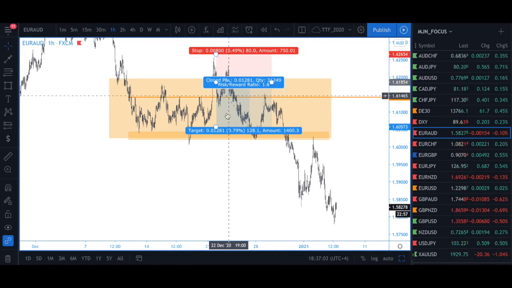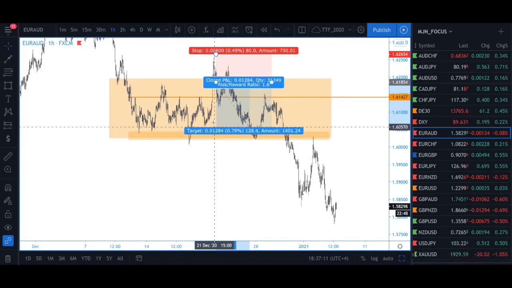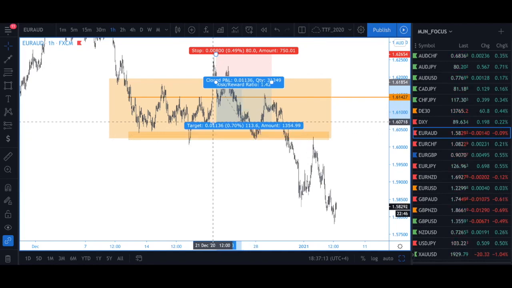Okay, so the TP level on this trade in particular might be the bottom of this range, might be below that range, might be halfway through this range. It all depends on the type of trader you are. Now, of course, all you want to focus on is that your risk reward ratio remains at least above 1.